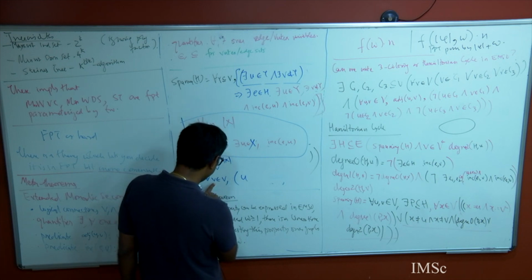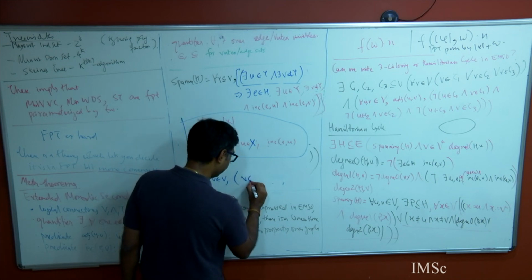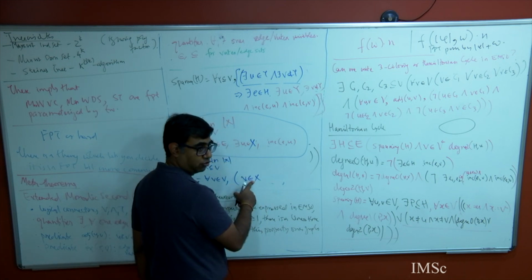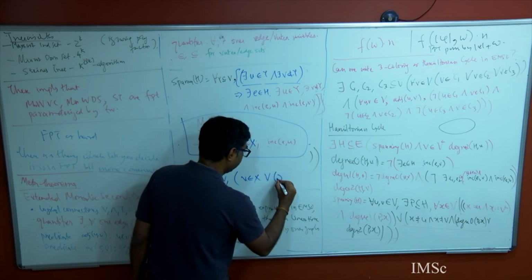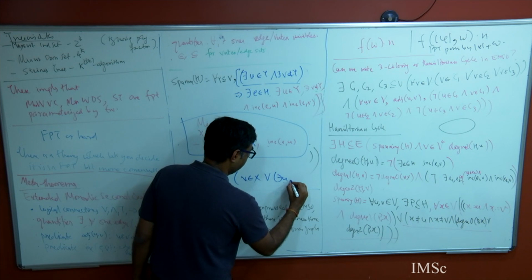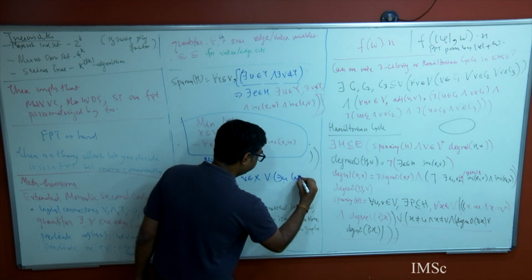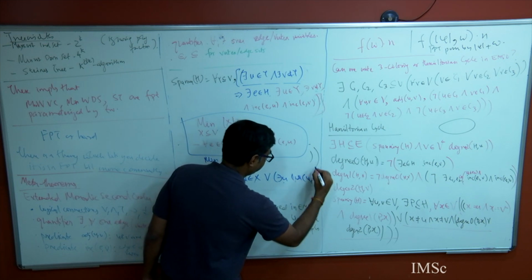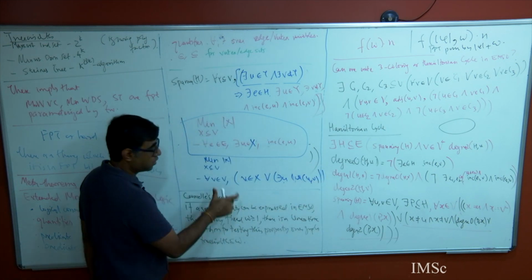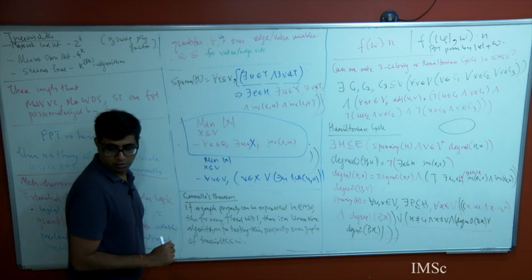It could be true that V is in X, or there exists U in X such that U is adjacent to V. So again, this is a small formula, right?